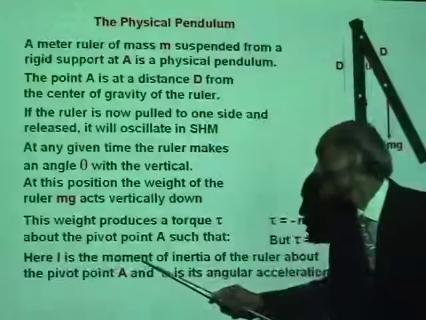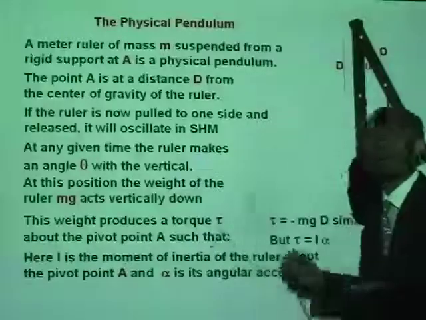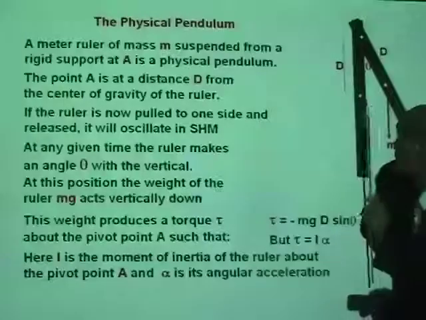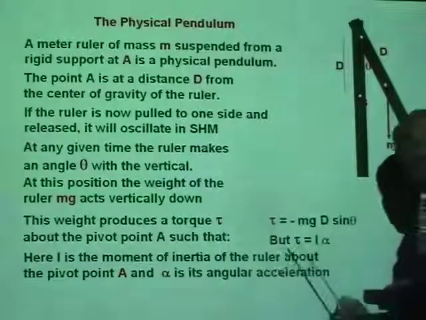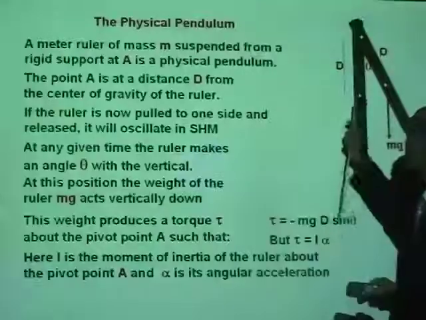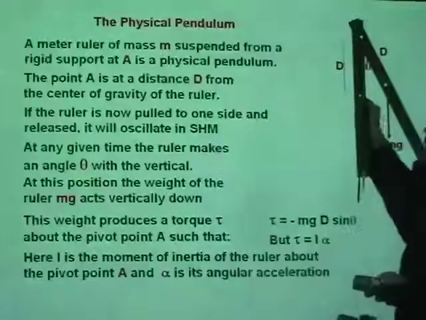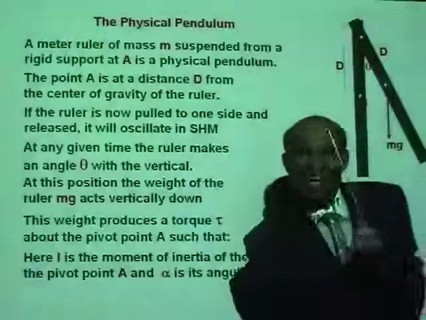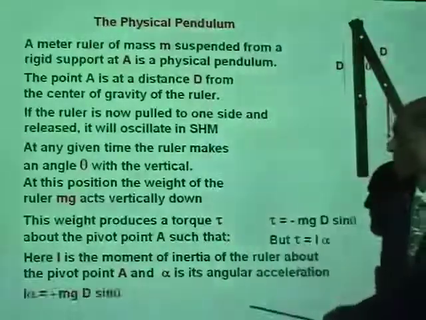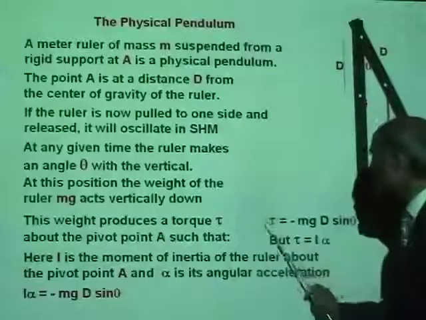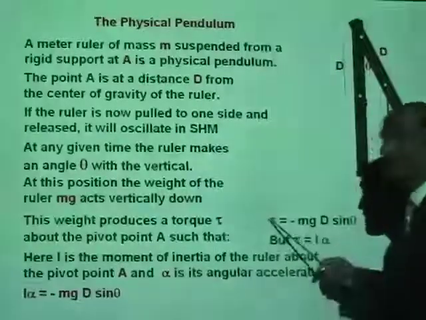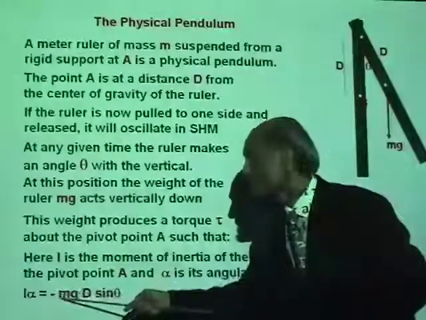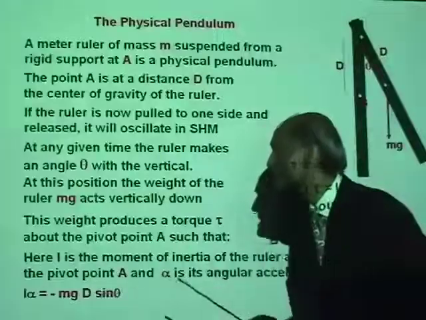Here I is the moment of inertia of the ruler about the pivot point, and alpha is the angular acceleration. Therefore, replacing tau by I alpha, look at the equation we generated: I alpha equals negative mgd sine theta.